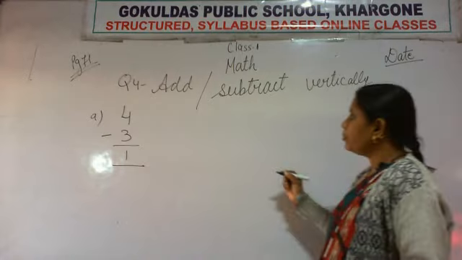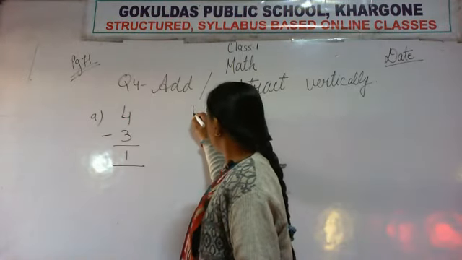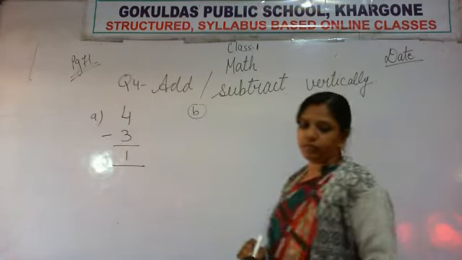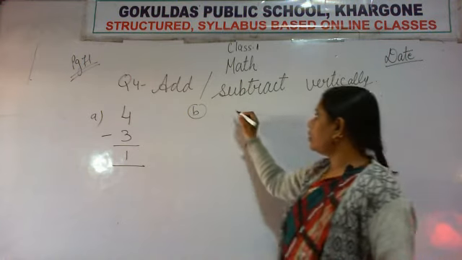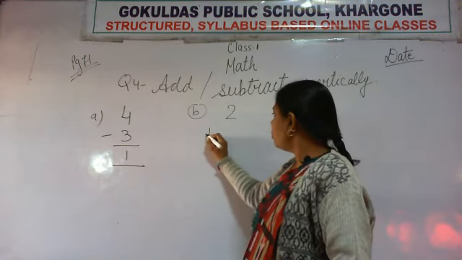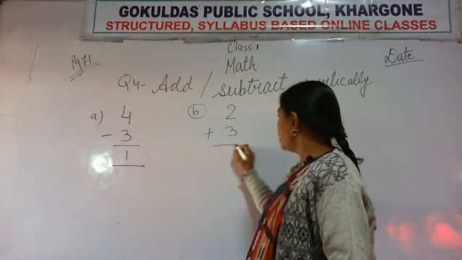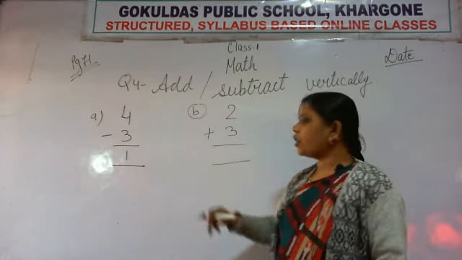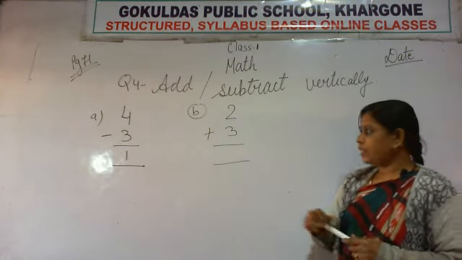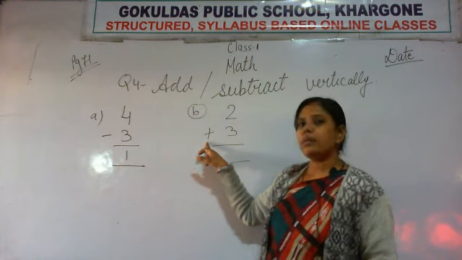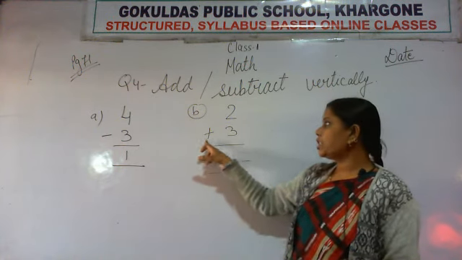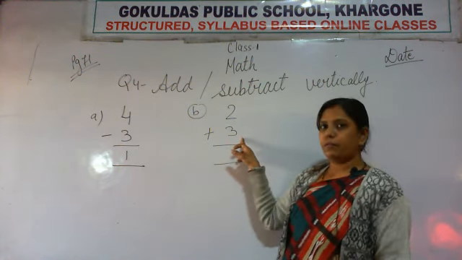Next question B. 2 plus 3. Here is the sign of addition and we read the sign of addition as plus. So how do we read the question? 2 plus 3.